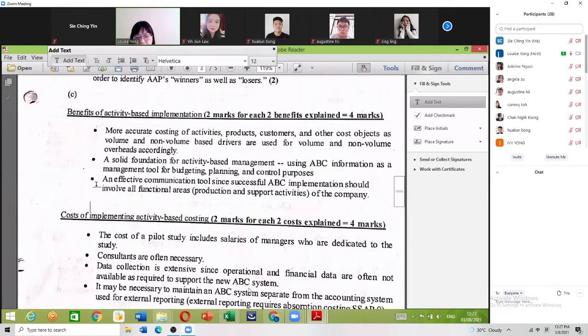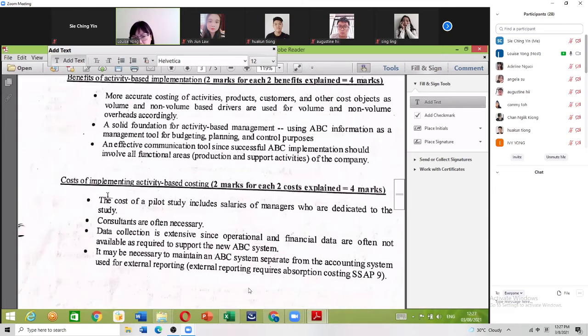But the disadvantages are that it is very time consuming because it is very complicated, right? It is complicated, and you need to have a consultant, because it is hard to allocate and analyze your overhead cost into activity cost centers, and decide what cost drivers to use, so it becomes very comprehensive. That means it is very time consuming and very expensive to implement. Another disadvantage is that it may be necessary to maintain ABC separate from the accounting system.